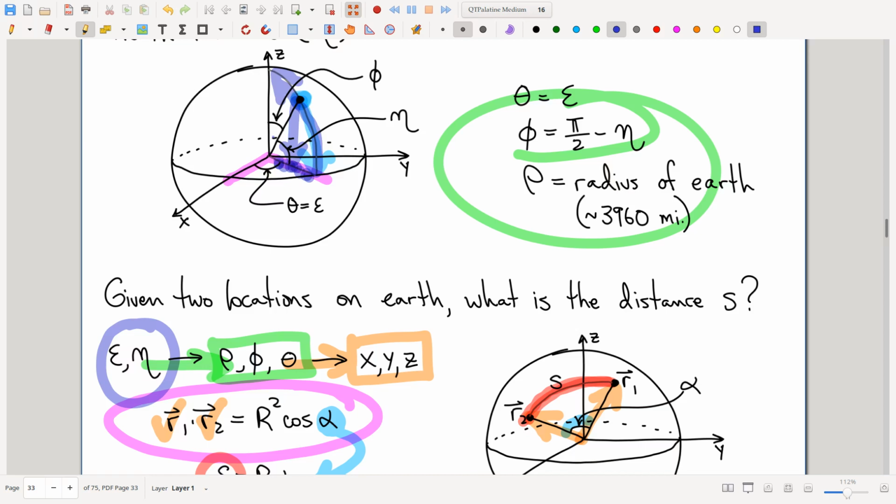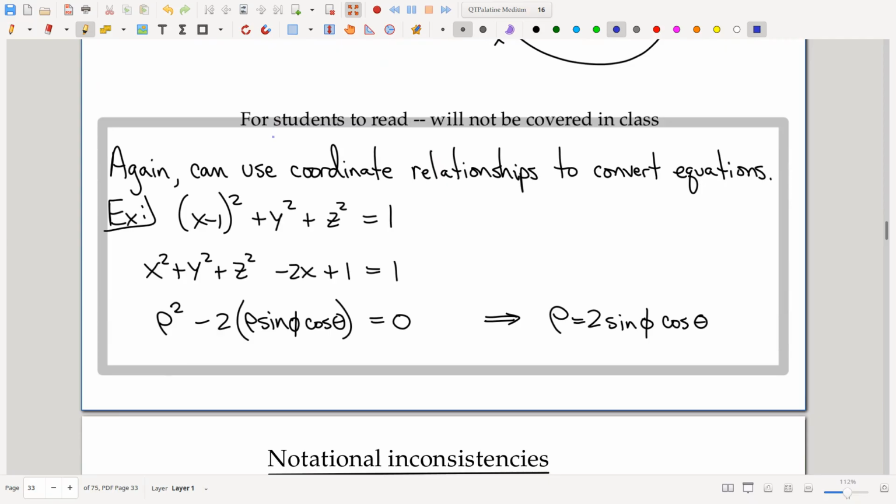Because if you know the x, y, and z for both of these vectors, the dot product is an easy formula, and you know that it's magnitude times the cosine of that angle. You know these coordinates, you know that radius, you just solve for the angle. So yeah, you're going to have to deal with arc cosine and stuff like that. Okay, cool trick.